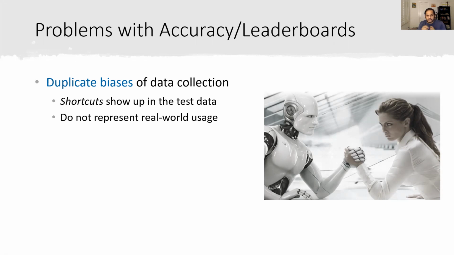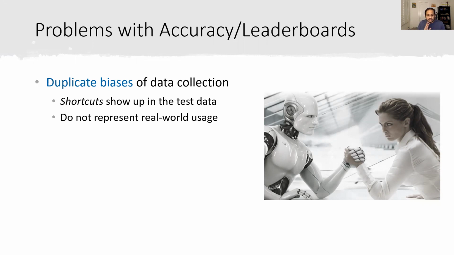If there are shortcuts in your training data, and the test data is also collected the same way, and it often is, the same shortcuts show up, and the model is able to use those shortcuts to do better. So this does not represent real world usage. The Microsoft product that's deployed onto Twitter is not going to see the same test distribution that it was evaluated on.